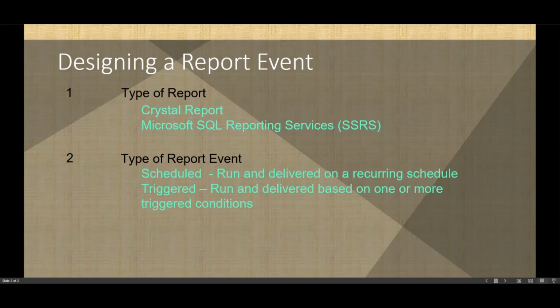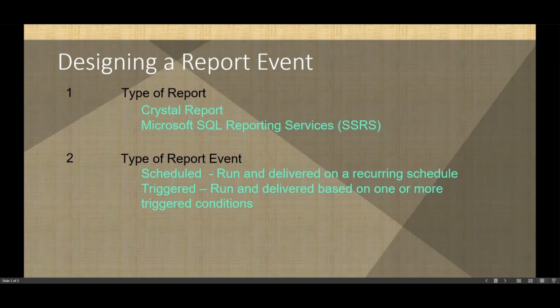Now, a scheduled report is simply a report that you want to create and deliver to a set group of people every Monday morning at 9 o'clock, maybe something that goes over sales for the day or shipments for the day. So that would be a scheduled type of event.